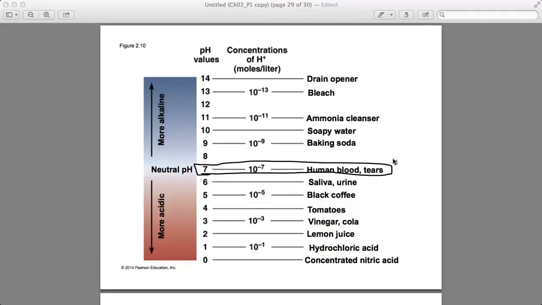So our body fluids are maintained within a very narrow range of pH. More alkaline means more basic, means fewer hydrogen ions, right? And if you have more hydrogen ions, you become more acidic, and the pH goes down.